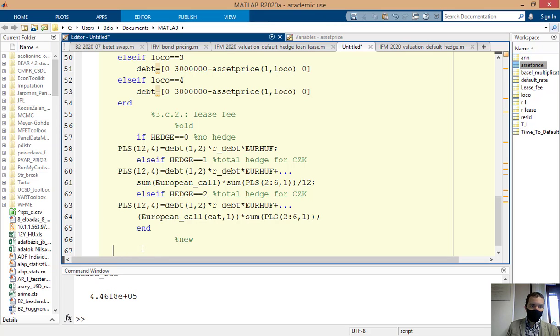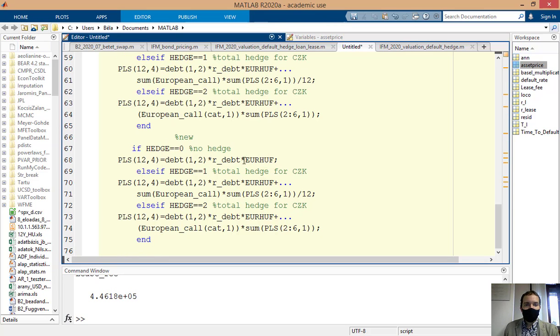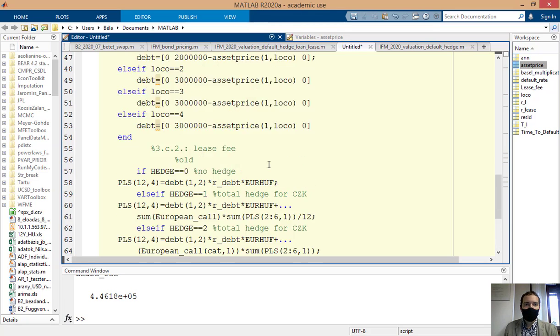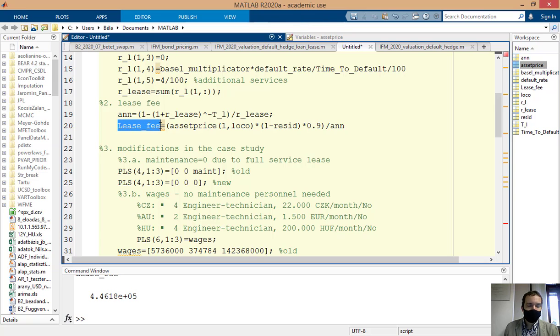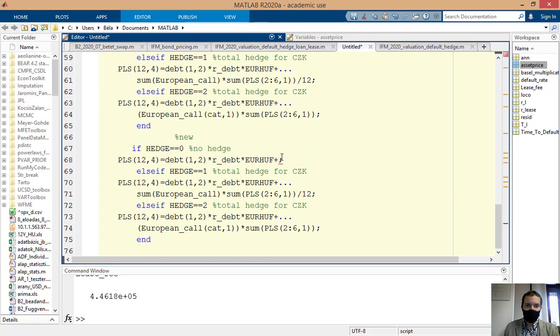We are taking everything apart today. Okay, so we have the debt. And now also we have the lease fee. We are adding all this stuff.